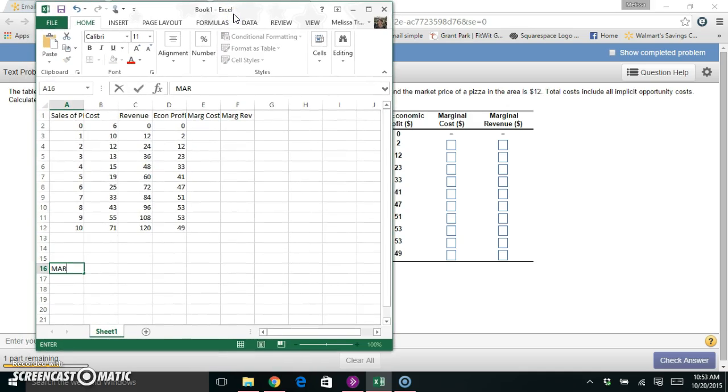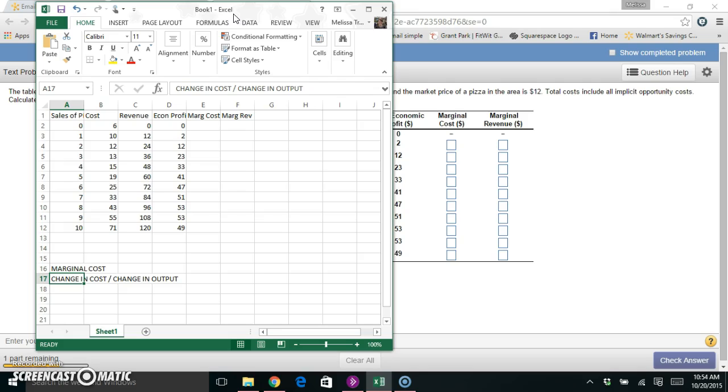So marginal cost, this just means what is the change in cost divided by the change in output or production. So in other words, how much does my cost change when I change my output by 1?